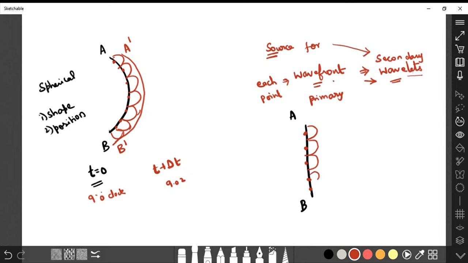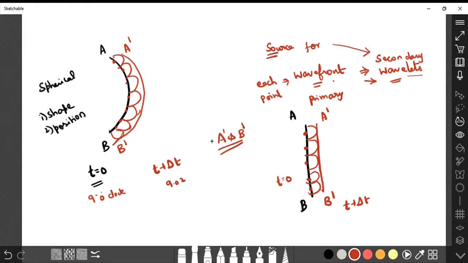This is at t equal to 0, and next at t plus delta t. If you draw the tangent joining all those, we get the position and shape of the new wavefront. A dash and B dash are the position and shape of the new wavefront, so that we can understand what Huygens principle states.